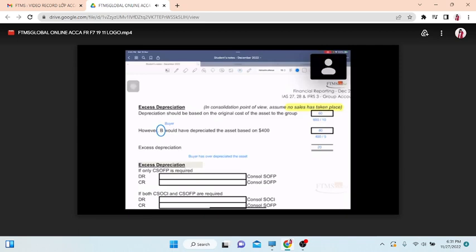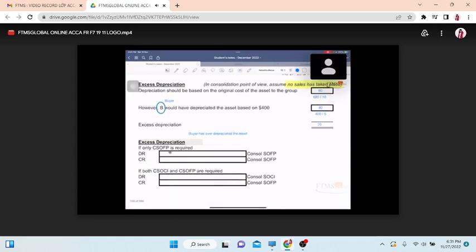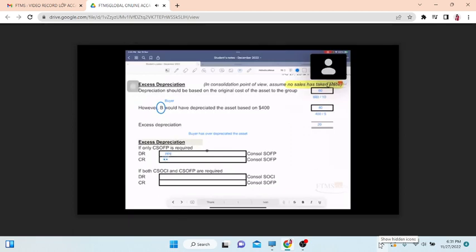If I want to reduce, of course, it must be the opposite: debit your asset, here debit PPE, and then credit your depreciation, which is credit your P&L. So I will credit the retained earnings of the buyer. Let me just draw arrows here. Why buyer? Because the buyer has over depreciated the asset.